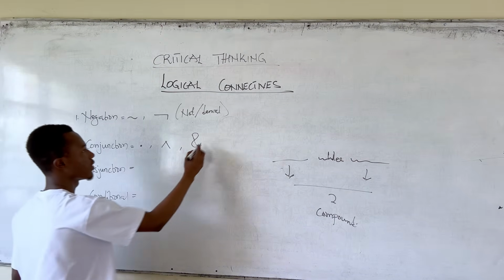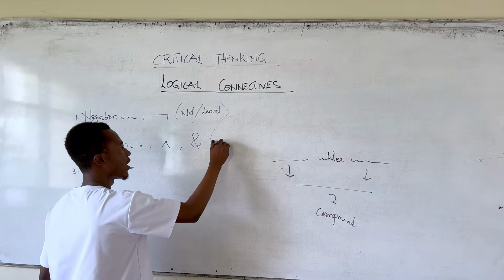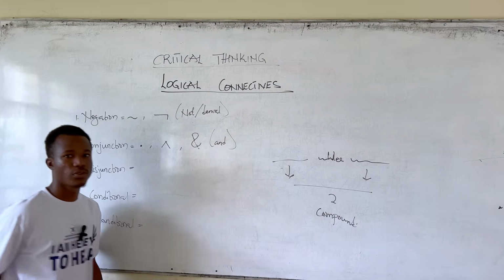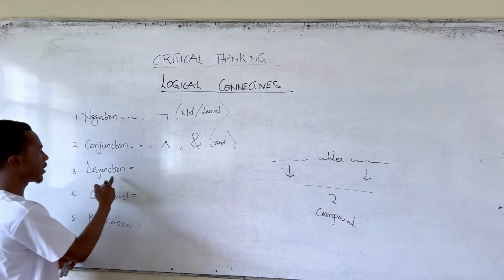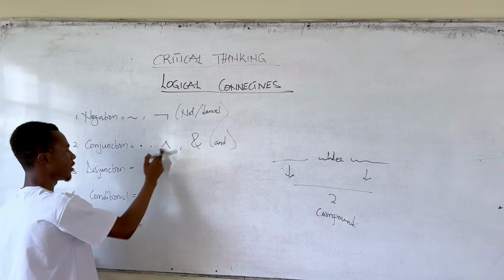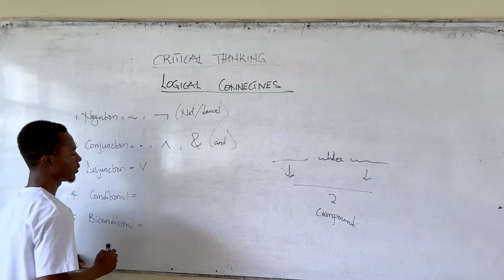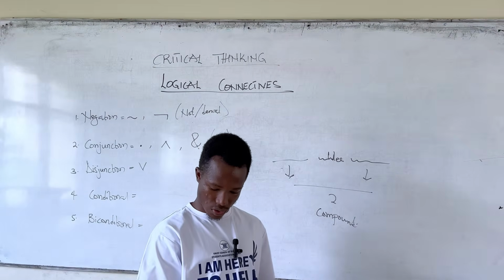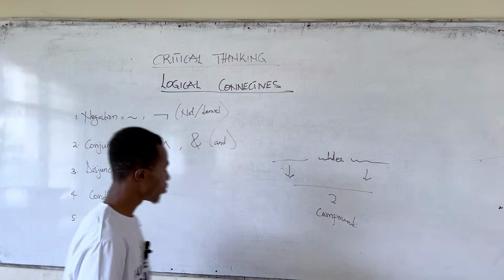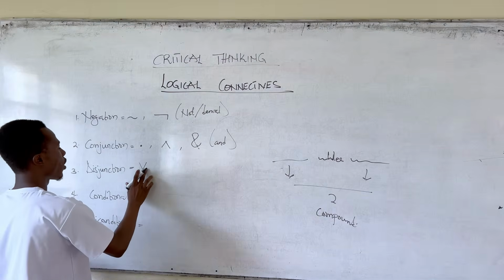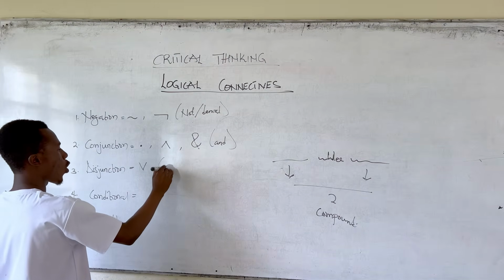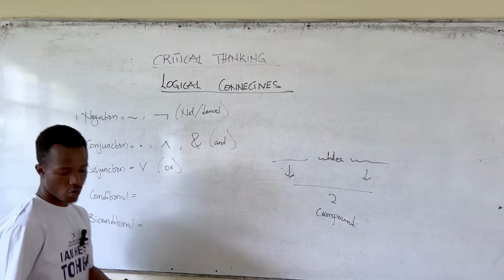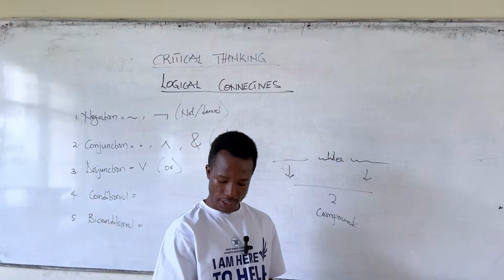Then this conjunction here talks about and, that is all. Do you get it? And the disjunction here is the opposite of this. So wedge. Is that the only one? Yeah. Most of the time it's only this wedge. Alright. So this one is also or.